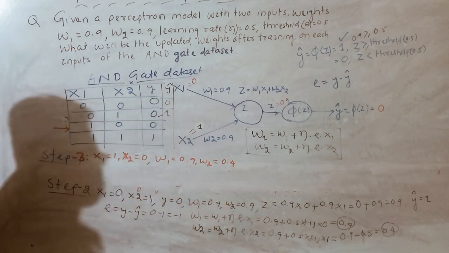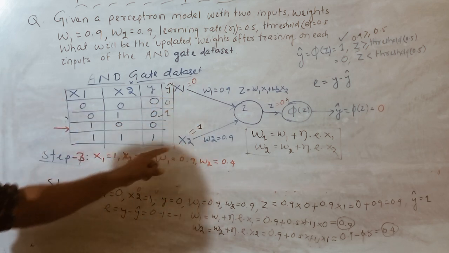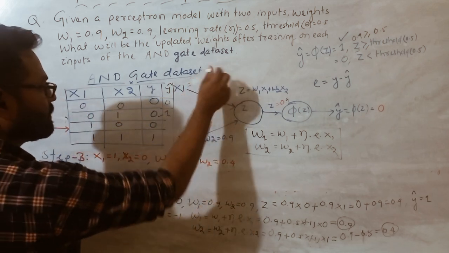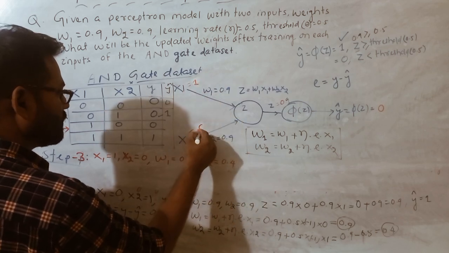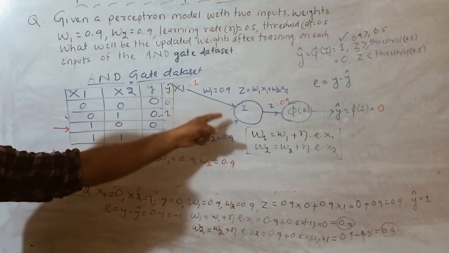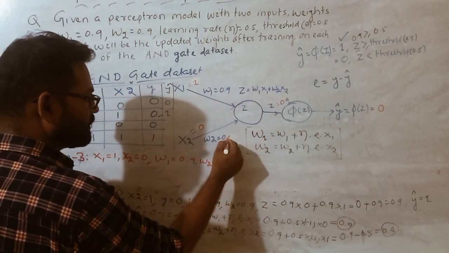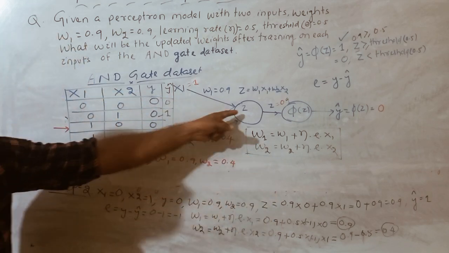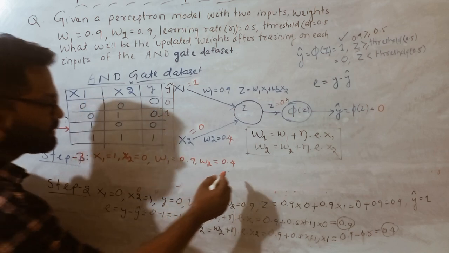Now, with this, the case starts. Your inputs are x1 is 1 and x2 is 0. Now you apply the same procedure, and you multiply. Now you calculate the z value.